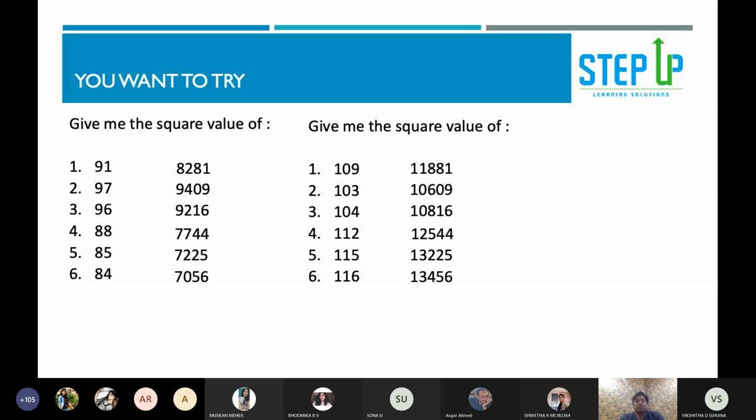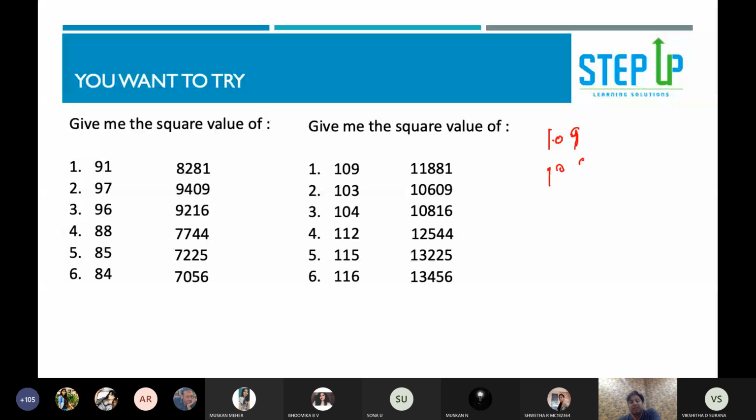Right. So any doubt up till now in these kinds of squares? Sir, can you please show the calculation for 109 again? Yeah, I can. See, 109 is 9 more than 100.